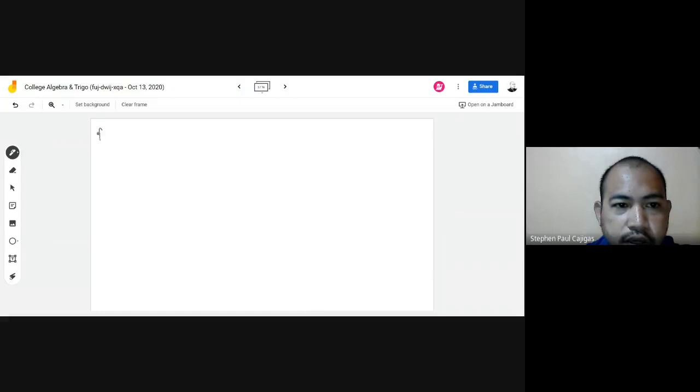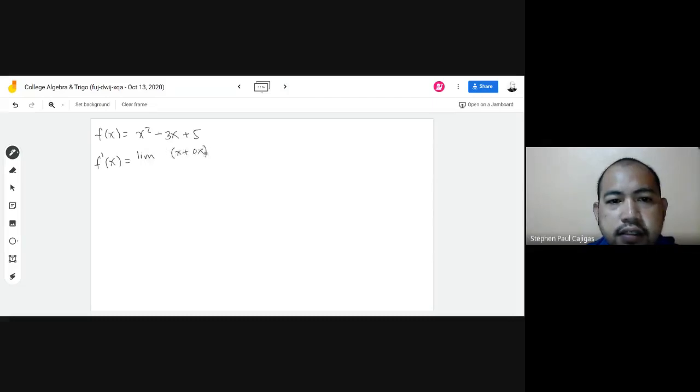Let's say now we have f of x equal to, let's make it a bit harder, x squared minus 3x plus 5. So for our f prime of x, I will go straight to substituting in the definition. This will be x plus delta x squared minus 3 times x plus delta x plus 5.